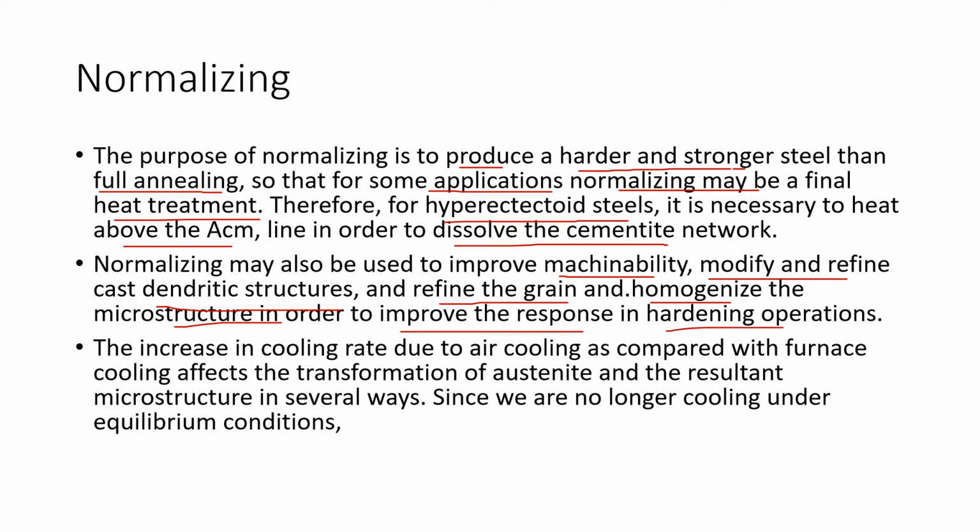The increase in cooling rate due to air cooling, compared with furnace cooling, affects the transformation of austenite and the resultant microstructure in several ways, since we are no longer cooling under equilibrium conditions.